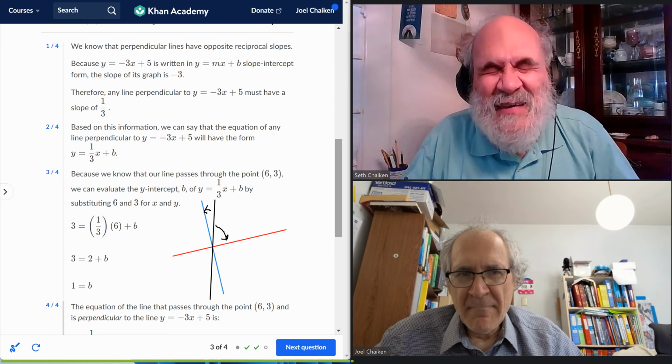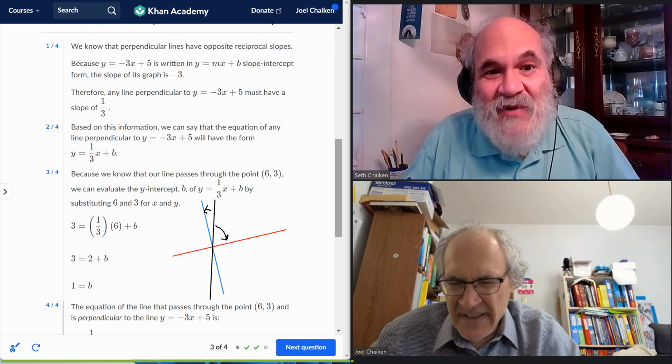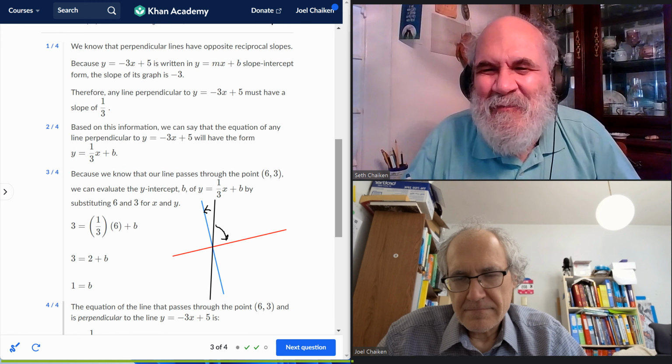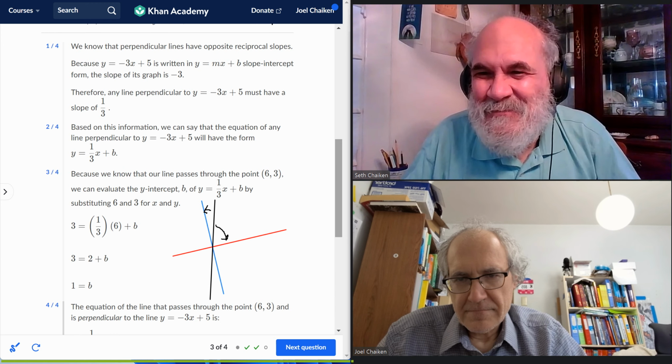Second, if the red line is just a little bit slopey, then the blue line is very slopey.